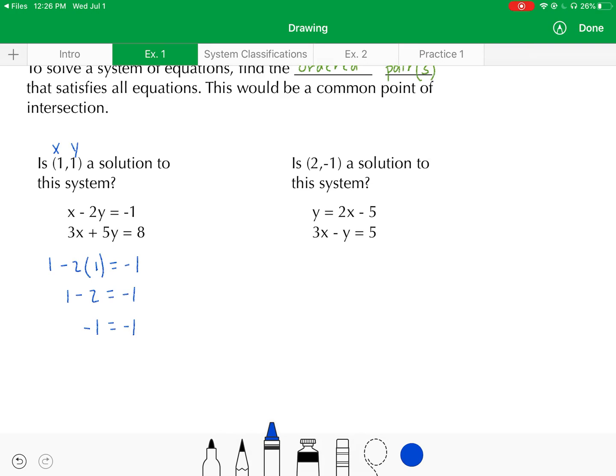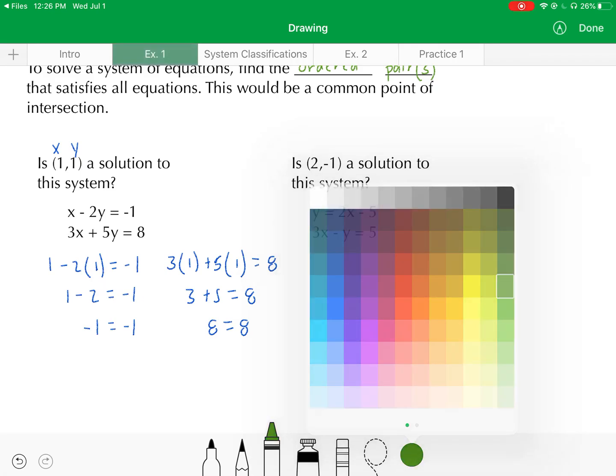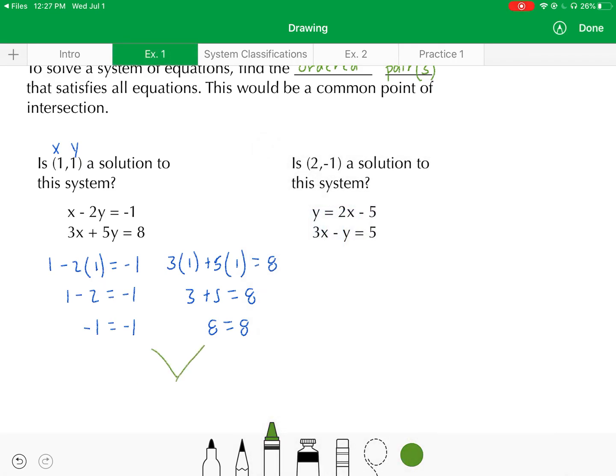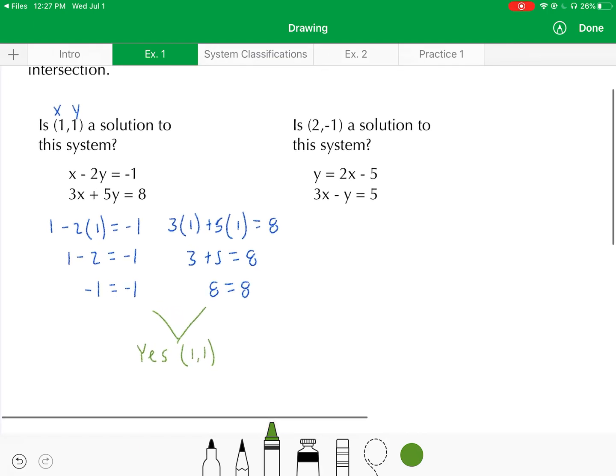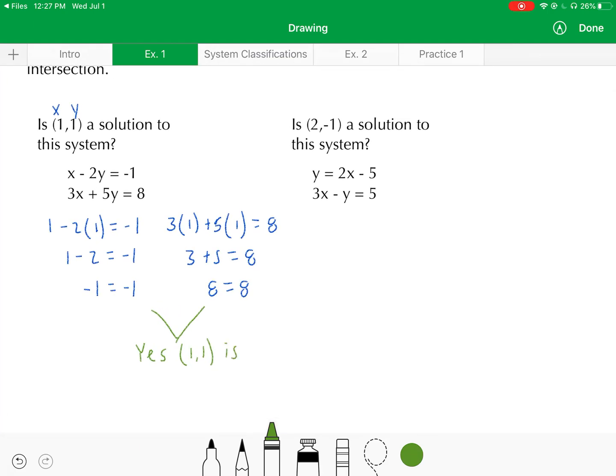Then if I do the same thing for the second equation, plug 1 in for x, 1 in for y, I end up with 3 plus 5 equals 8, or 8 equals 8. Since that is also true, I'm going to conclude yes, (1, 1) is a solution to the system.